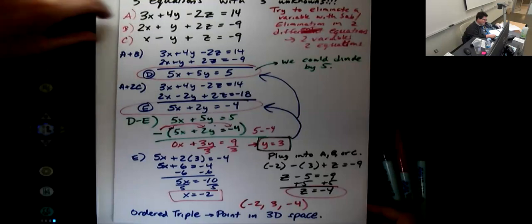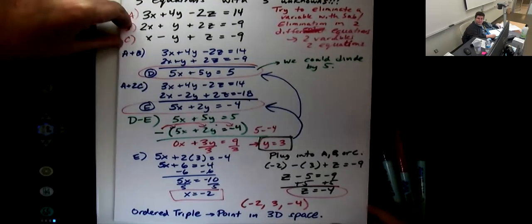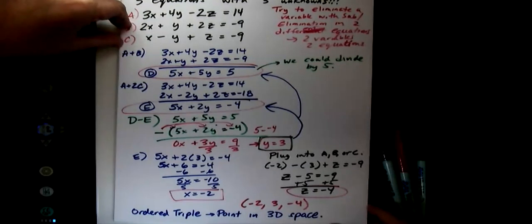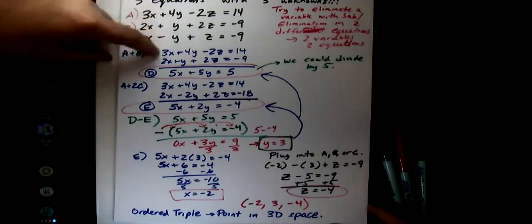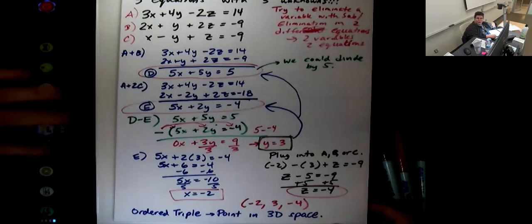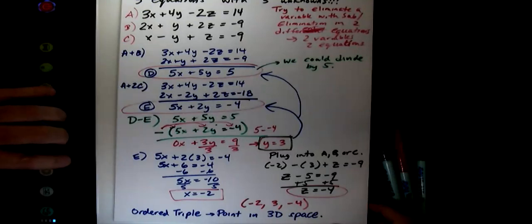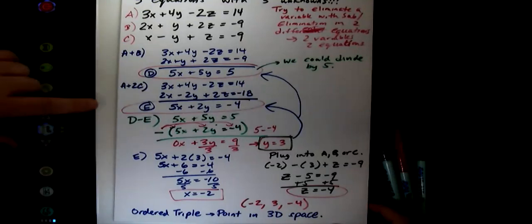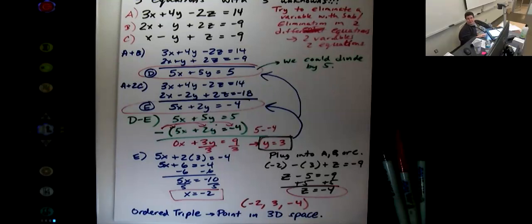I could have done the same thing with B and C, because Y and -Y would have canceled out, which is a valid approach. There's more than one way to solve this, but the solution is gonna be the same no matter which way you do it.